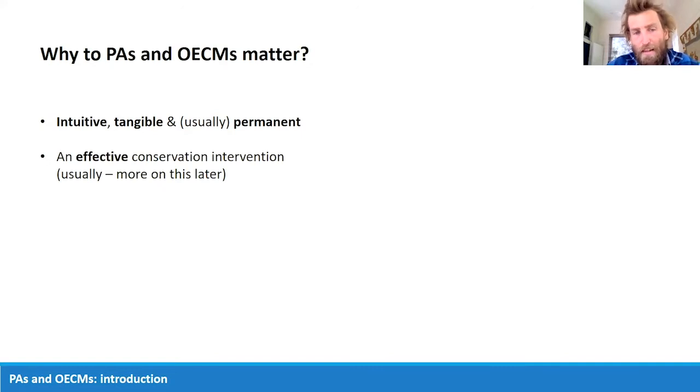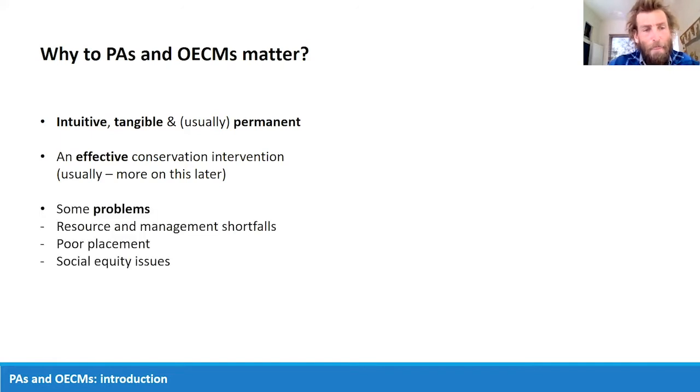They're also quite an effective conservation intervention. Again, anyone who has read around in this space will know that effective is a pretty loaded term. There's a lot of debate around what is effective, what is not, and we'll talk about that. There are also some problems with area-based conservation.